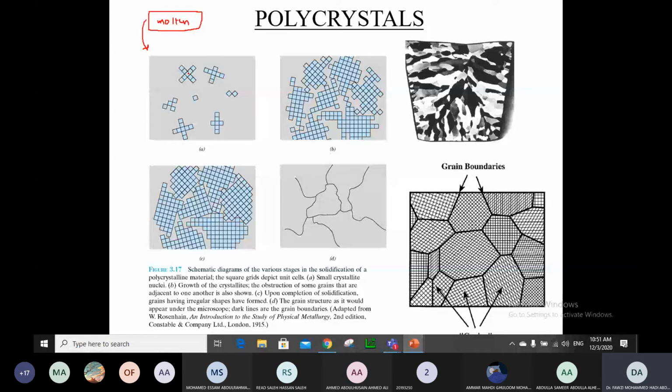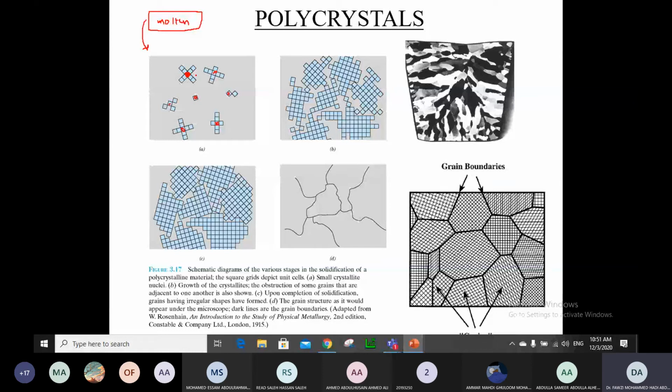Let's say for example here, in the coolest place, the first solid crystal is going to nucleate, and then in the second place, and then in the third place, and then in the fourth coolest place, and then there, and then there. So it's not happening at the same time.